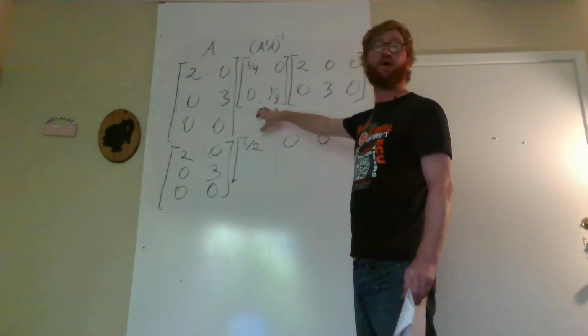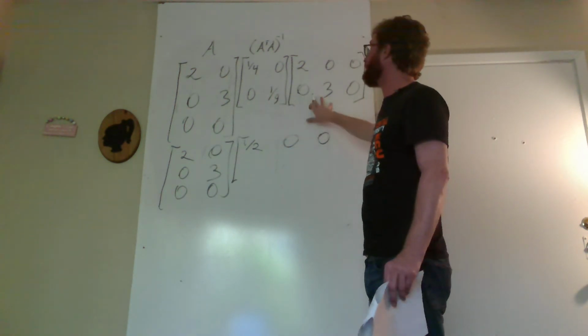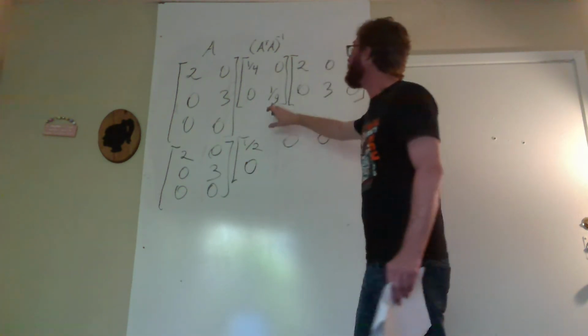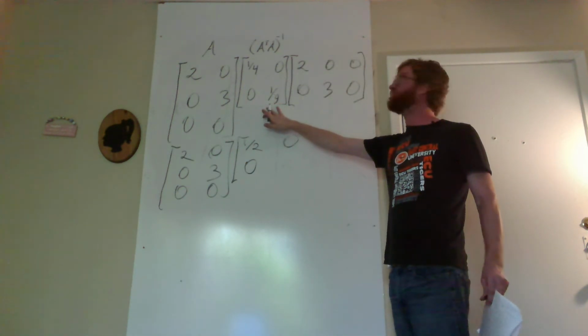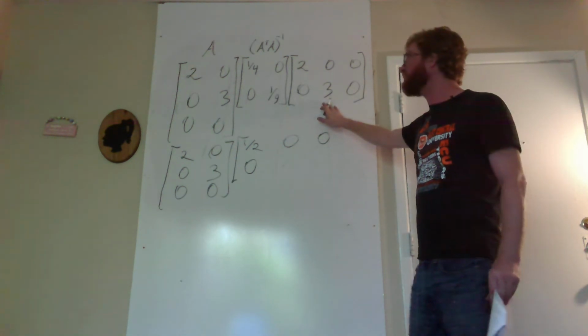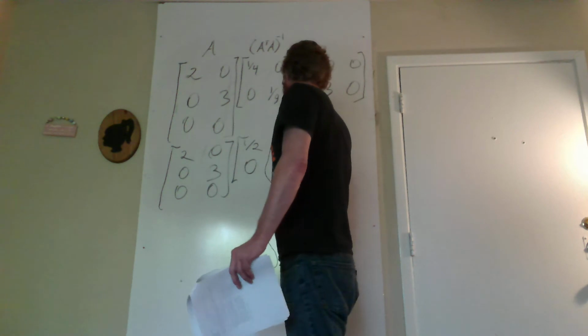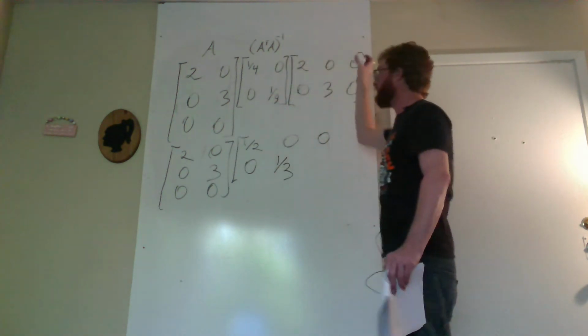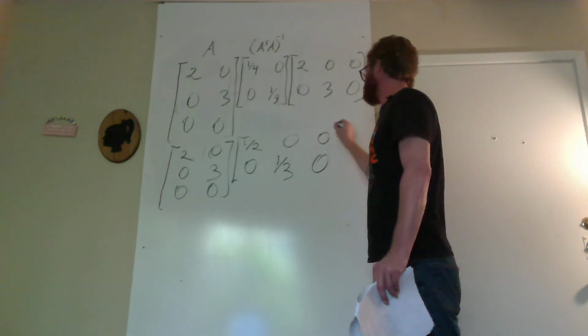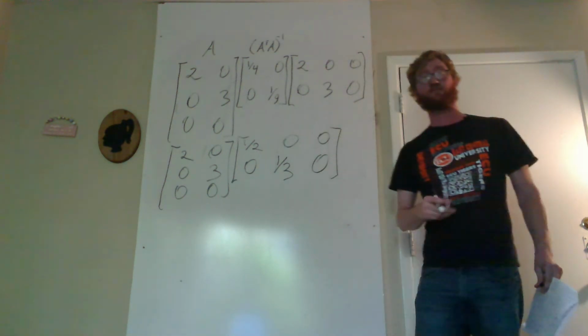Now 0, 1/9 acting upon the first column gives us a 0. Now 0, 1/9 acting upon 0, 3 becomes 3 divided by 9, which is 1/3. And then 0, 1/9 acting upon 0, 0 just gives us a 0.